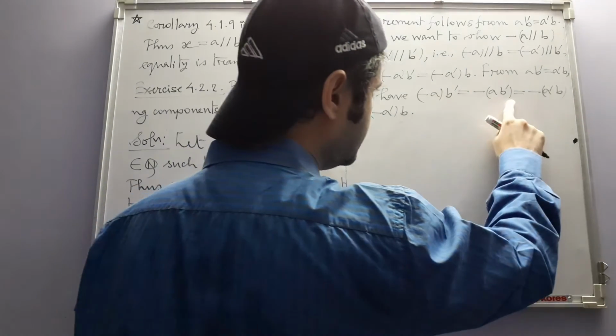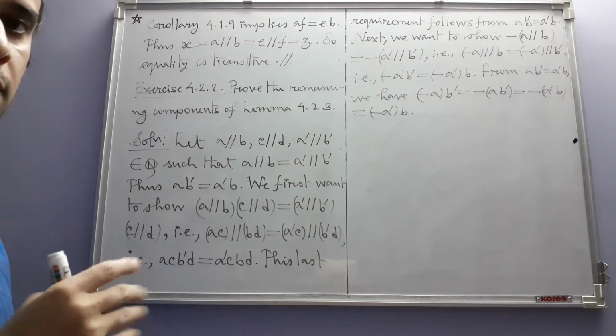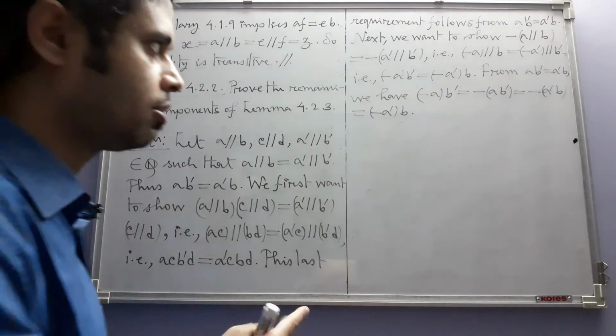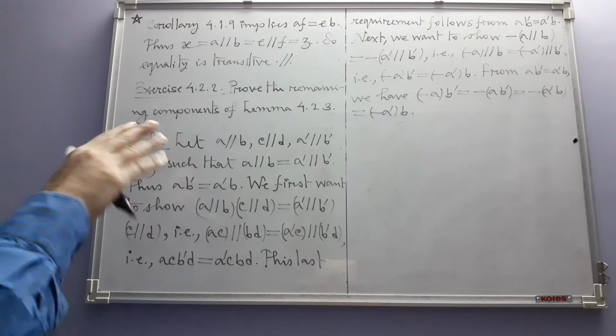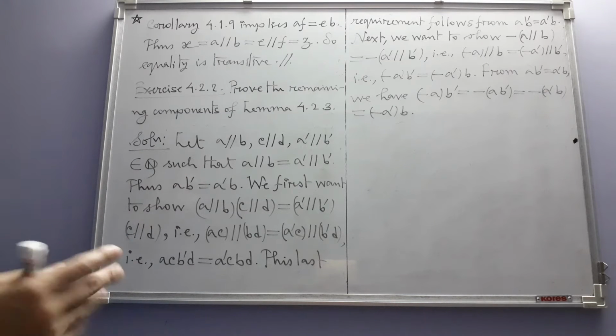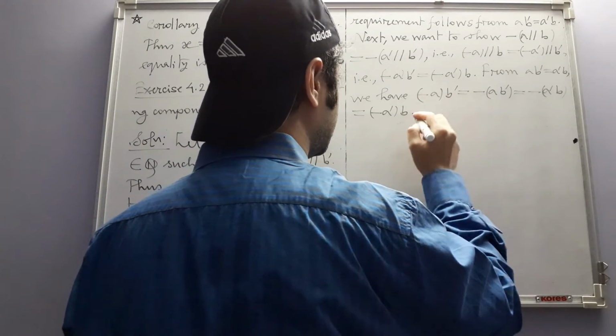And in writing these calculations, we have used all the properties in the system of integers that are already available to us, and we have already mentioned that in doing so we are not going to say anything explicitly. Okay, so that's it.